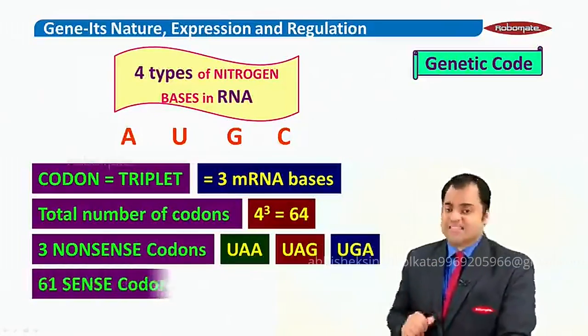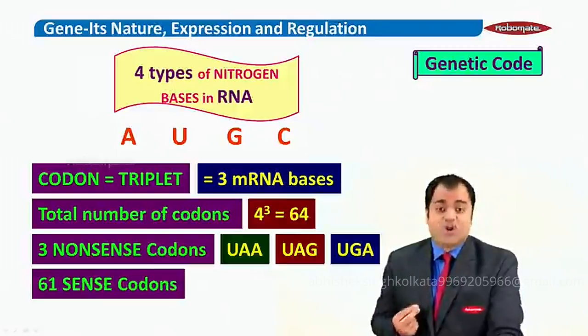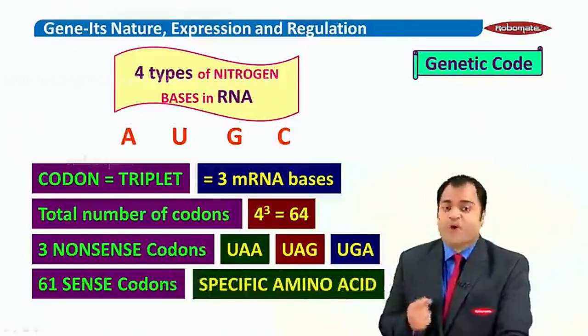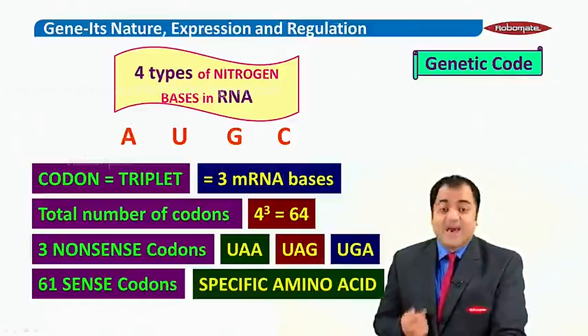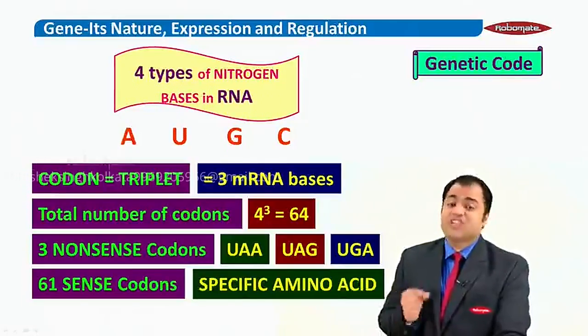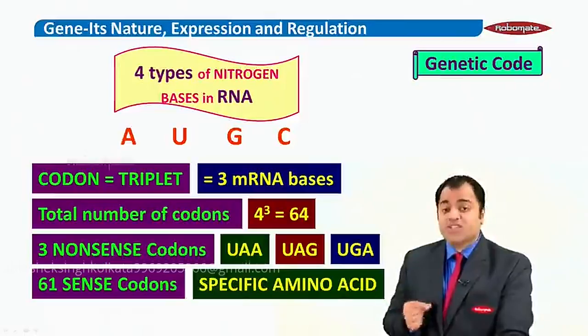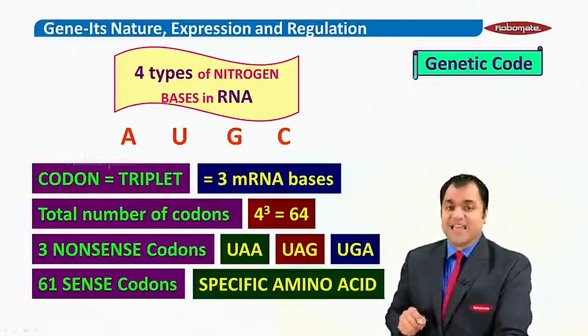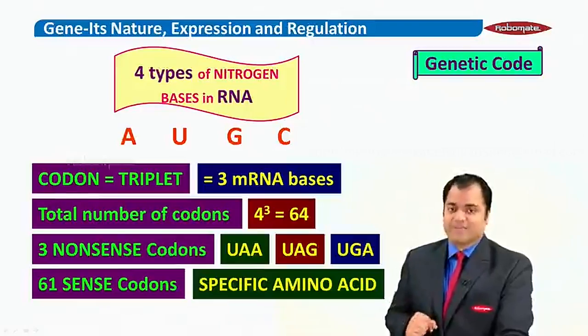But the remaining 61 are called sense codons because each one of them is going to specifically code for an amino acid. Now let us see with the help of the genetic code table which sense codon will code for which amino acid. Let us go ahead and make this table.